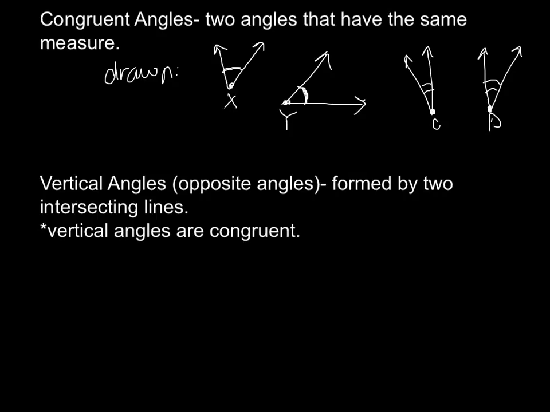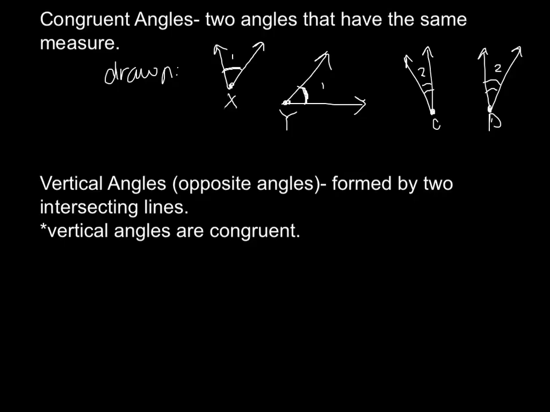The ones that have one line are congruent, okay? However many of those marks, that means that they are congruent. These ones have 1 and 1, so they're congruent, and these ones that both have 2 are congruent.